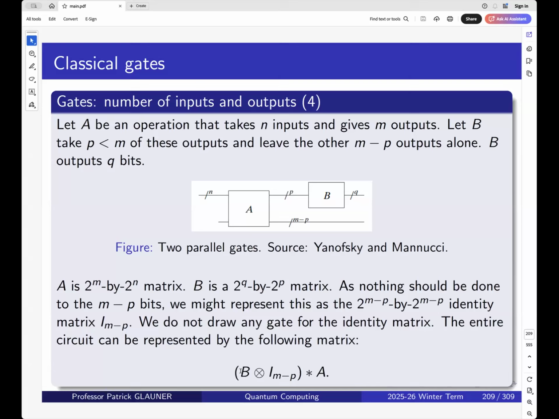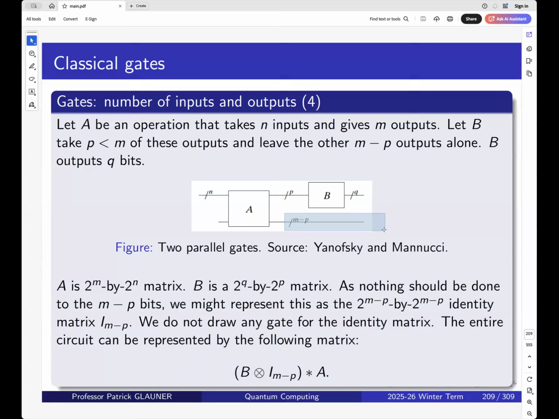So the way we can describe this is we first take A, which is the first operation, and then we need this parallelism as the next operation. So from the left we multiply, but we take the tensor product of B and the identity matrix of m minus p.